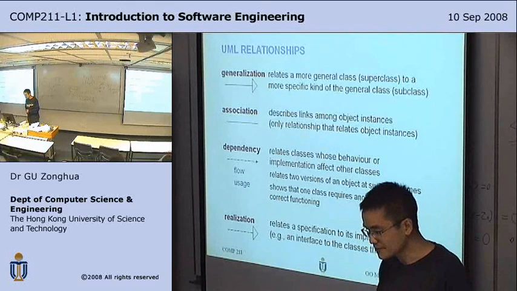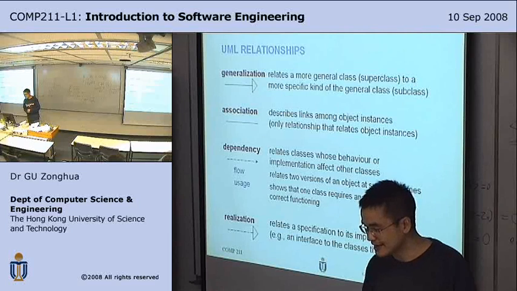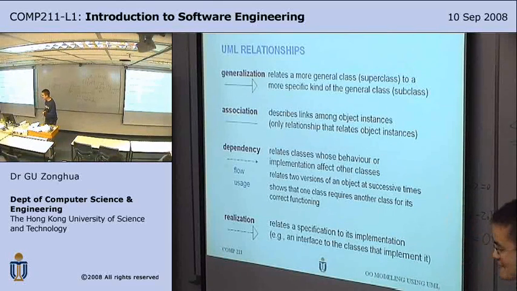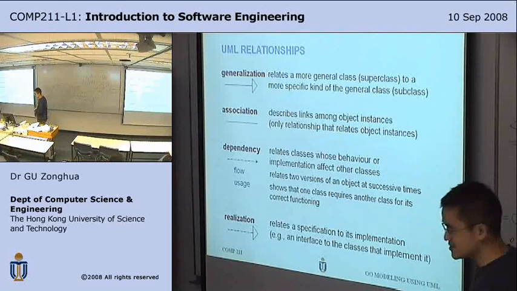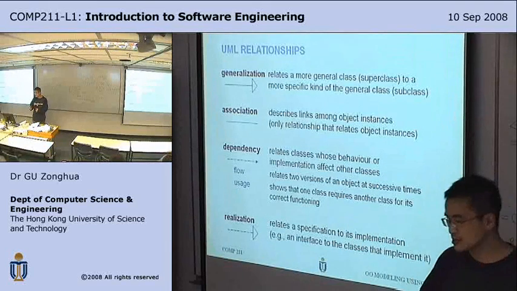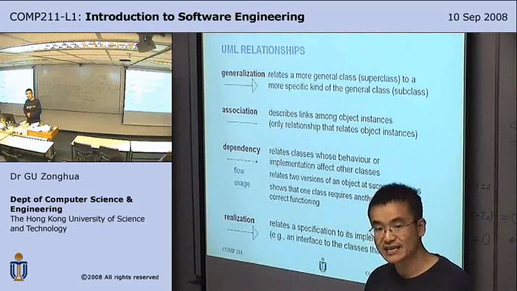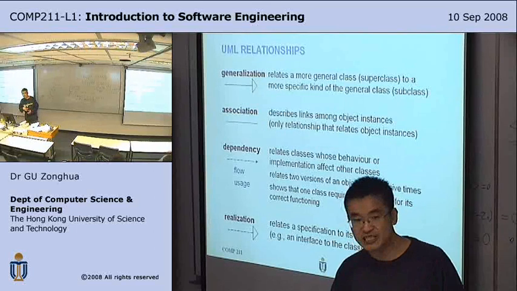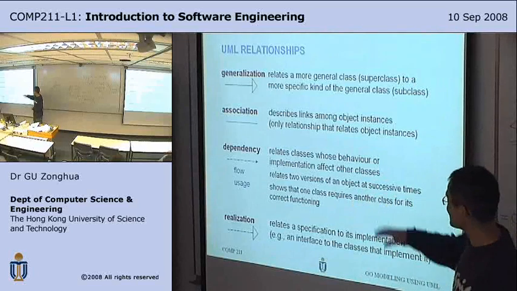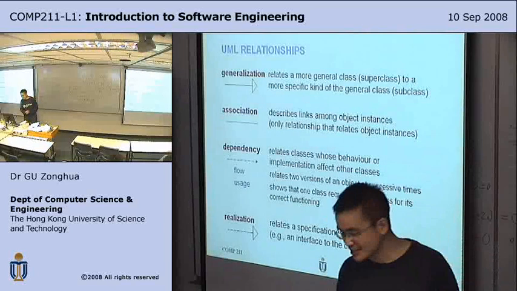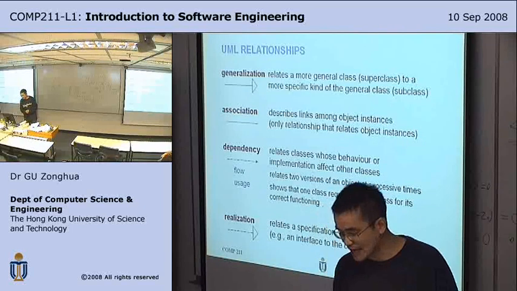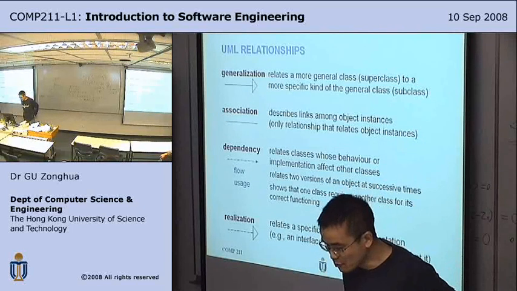So say a bank account is a superclass, while a checking account or savings account is a subclass. So a bank account is a generalization of a checking account, and a checking account is a specialization of bank account. So this shape there is the generalization relationship.